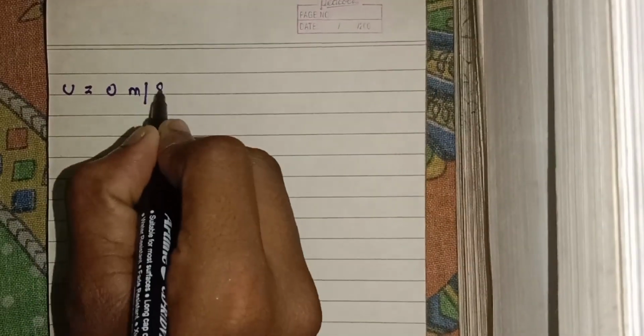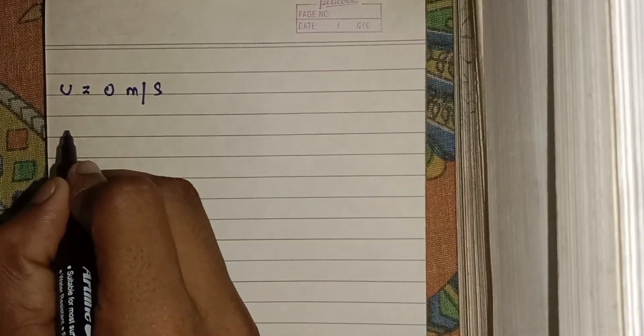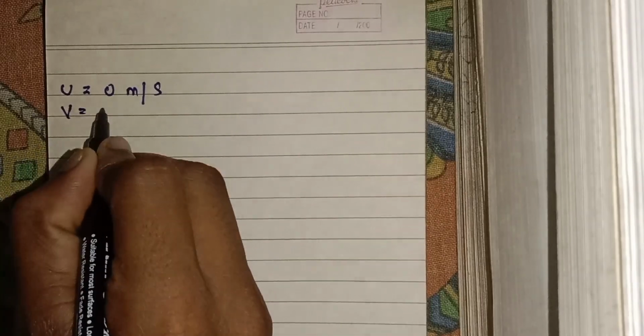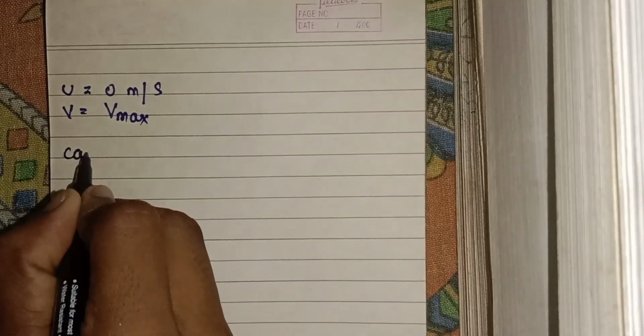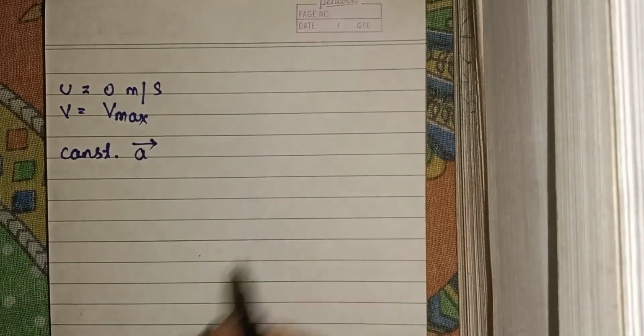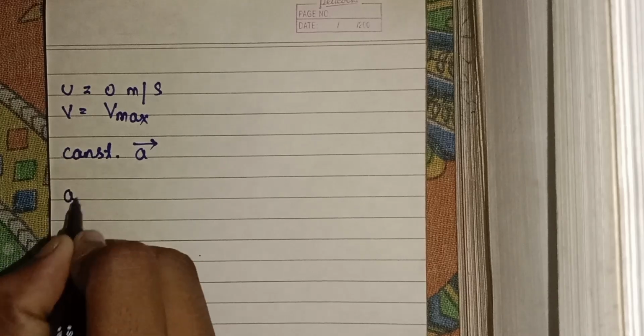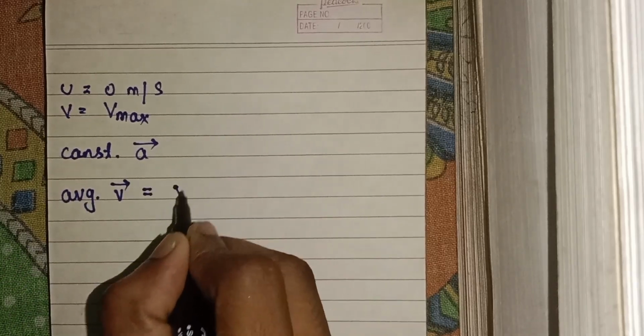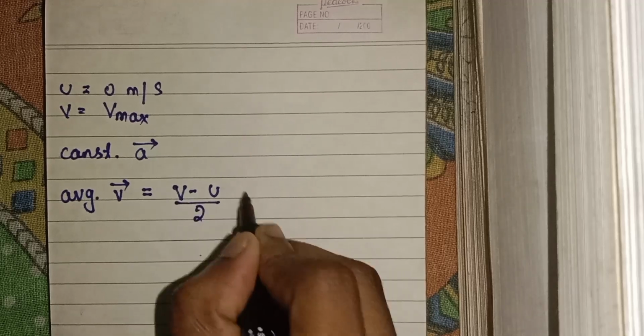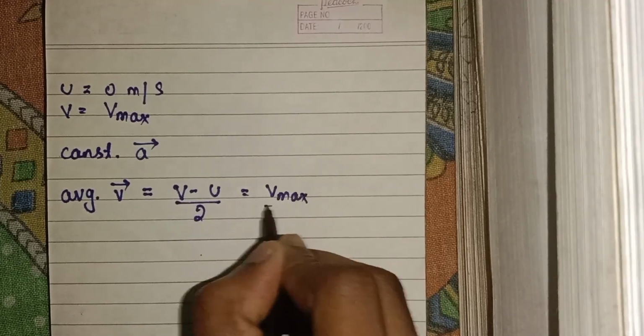As the particle starts from rest, it means the initial velocity of the particle is 0 meter per second, and it reaches maximum velocity. It means v is equal to v max, and it travels with constant acceleration. So we must find the average velocity, which is equal to final velocity minus initial velocity by 2, which is equal to v max by 2.